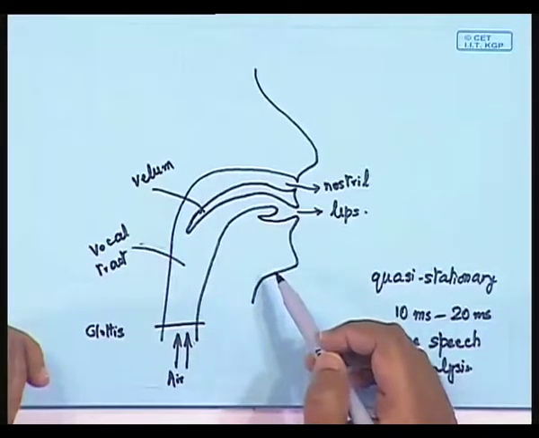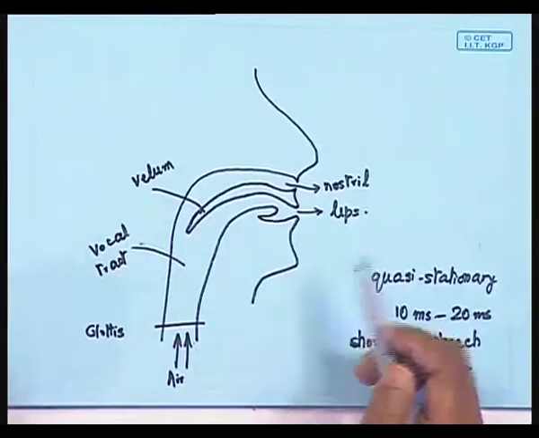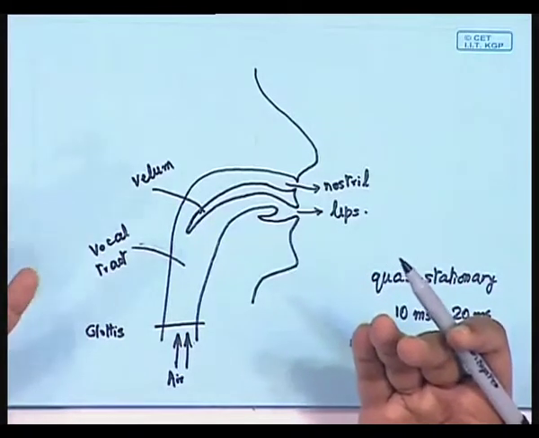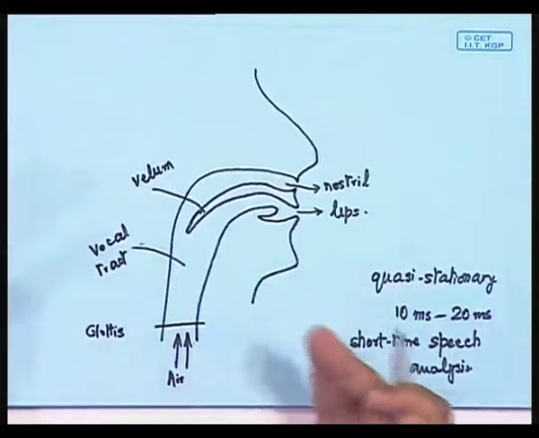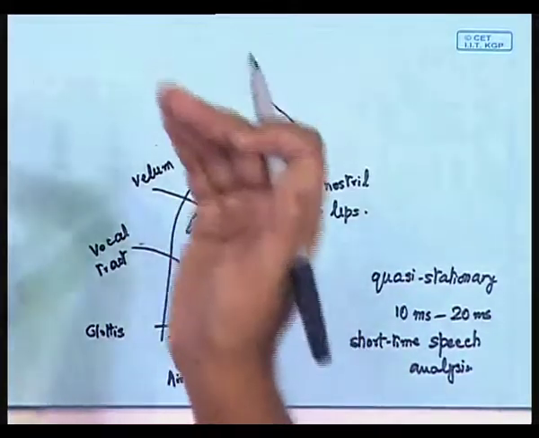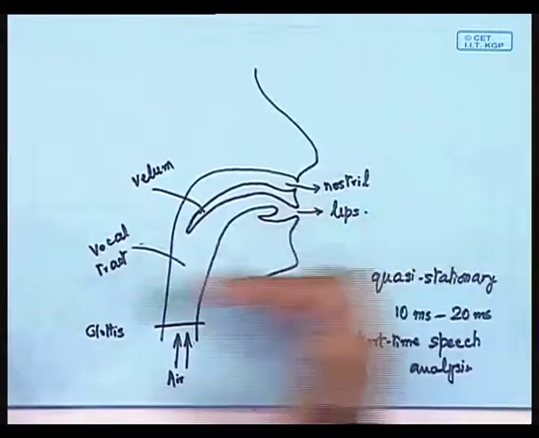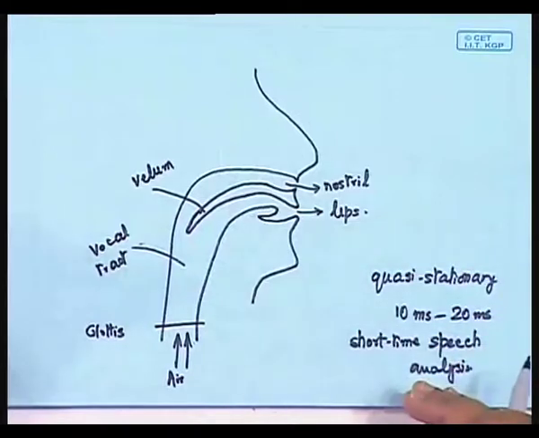And whenever we are uttering a voiced sound, there we will be articulating the velum upwards, so that the nostril passage is blocked for a brief moment, and we can produce the sound out of the lips.